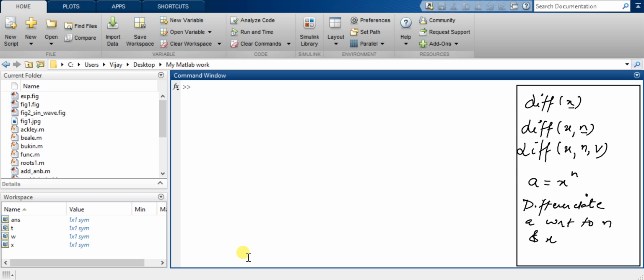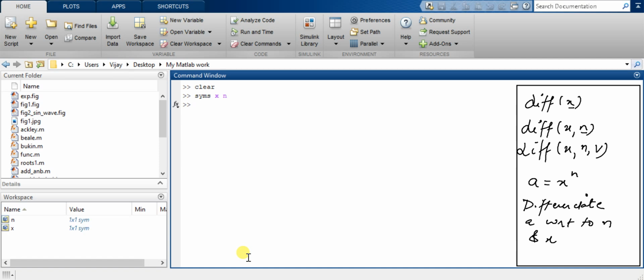So first clear the command window, clear the workspace. Now we have to define two symbolic objects, that is x and n. So here we define syms. Since we have to use multiple symbolic objects, we use the function syms and take two variables x and n.